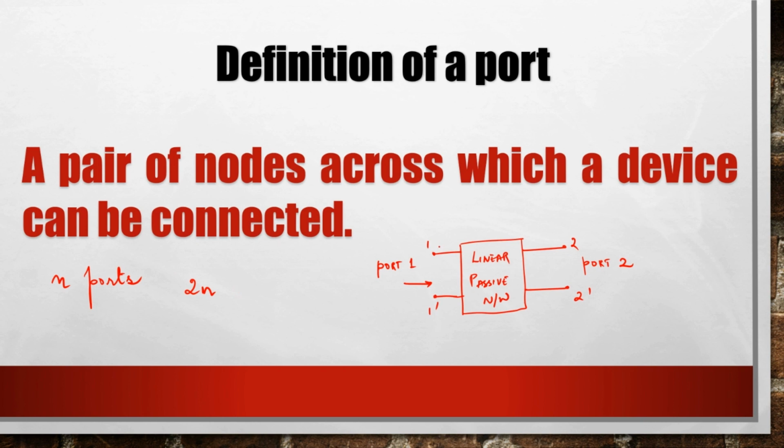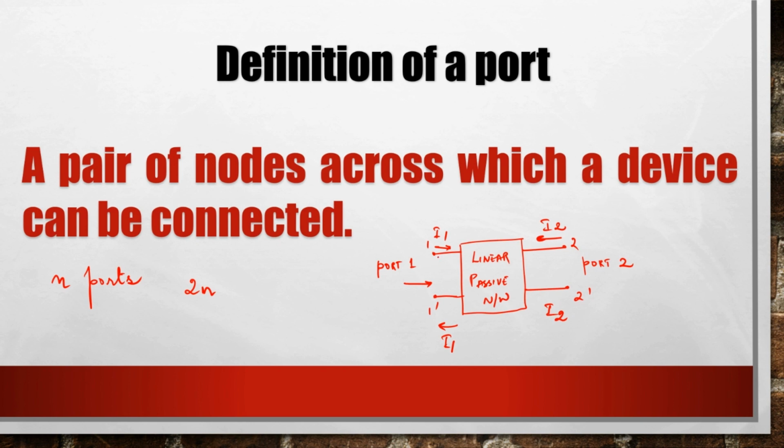The current that is entering this node is, say, I1, and this same current is going to leave the other pair of these two nodes. And similarly, if I have I2 entering over here at node 2, it will be leaving 2 dash as I2 itself. This is one thing we need to understand.